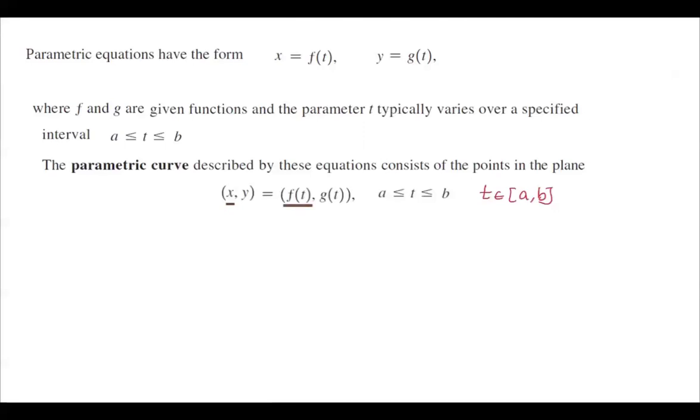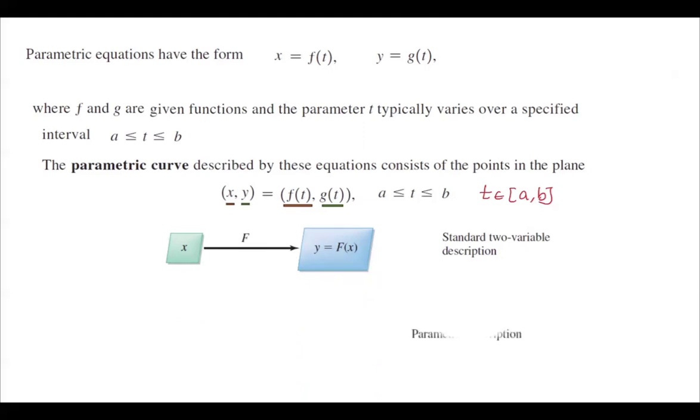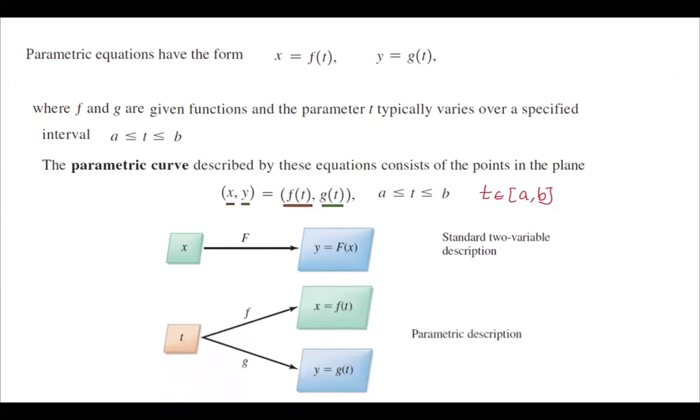So again, x is f of t and y is g of t. The standard two-variable description is, well, x is connected to y using function f, but now that we are introducing a parameter, x is connected to t, or basically you're introducing a new free variable.